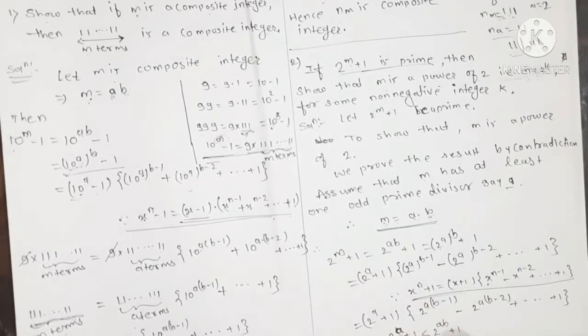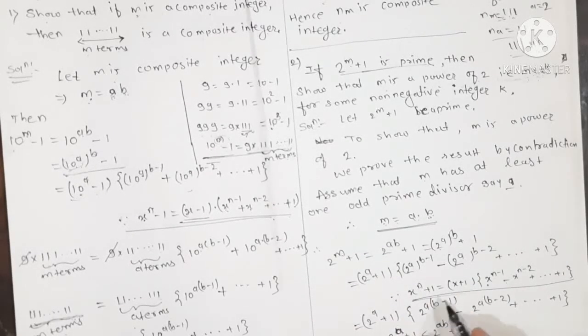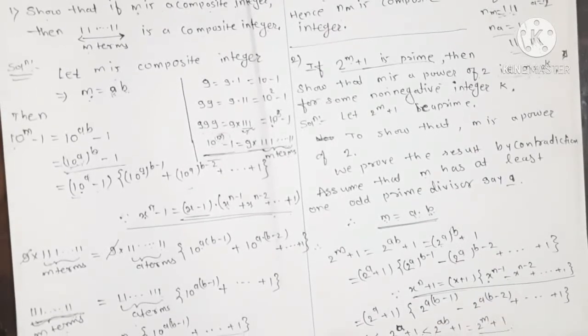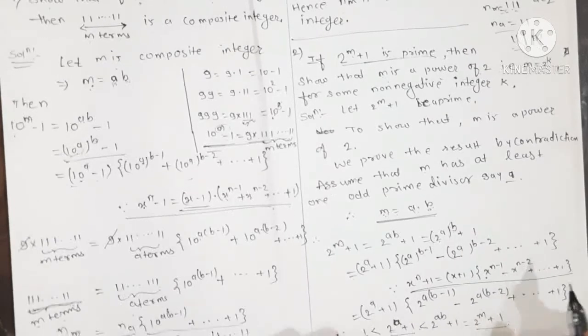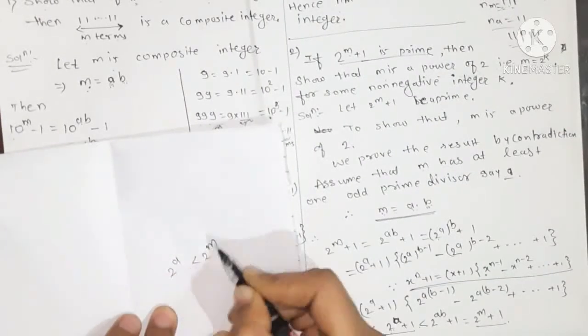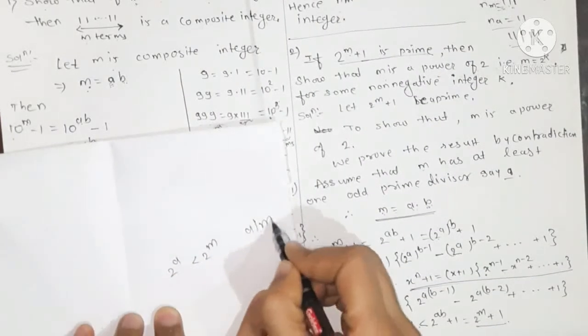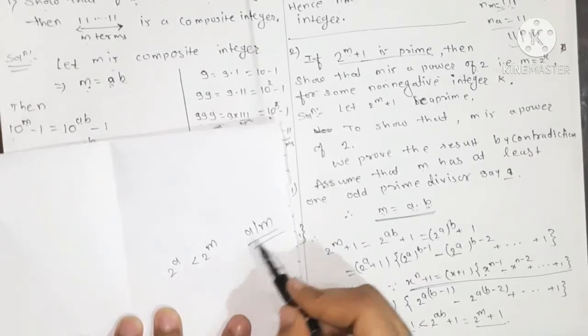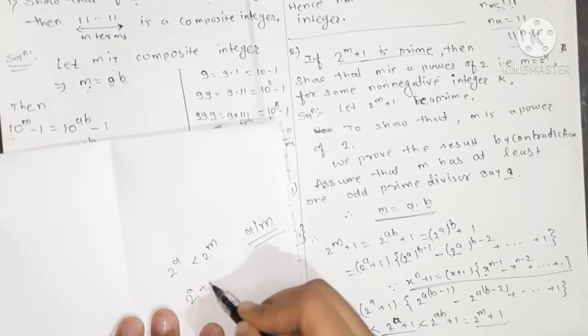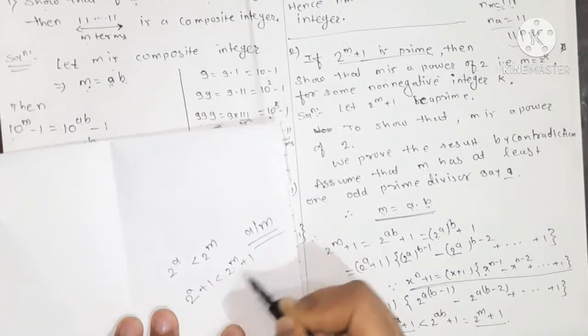Okay, so 2 to the power a is lesser than or equal to 2 to the power m plus 1. So this is lesser than this because 2 to the power a is lesser than 2 to the power m, right? 2 to the power a is lesser than 2 to the power m because a divides m. Okay, so 2 to the power a plus 1 is lesser than 2 to the power m plus 1.